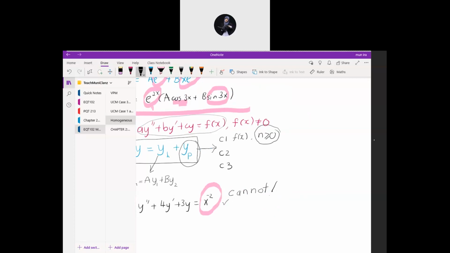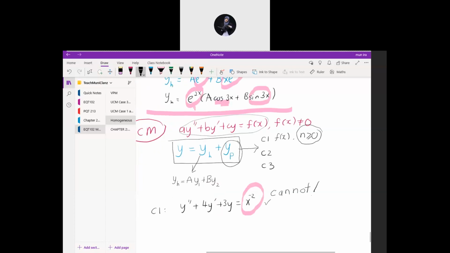So that is why we cannot solve this using UCM. If I give you an MCQ, multiple choice question, true or false, and you said that this one is true, you will lose 1 mark. 1 mark, gone. So this is a kind of MCQ for your test.